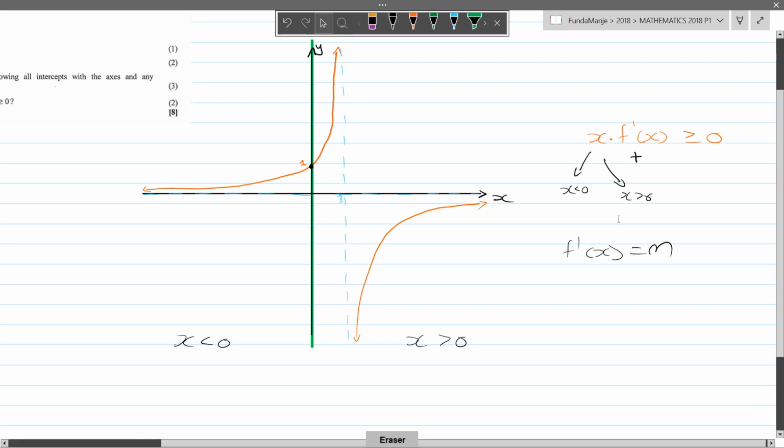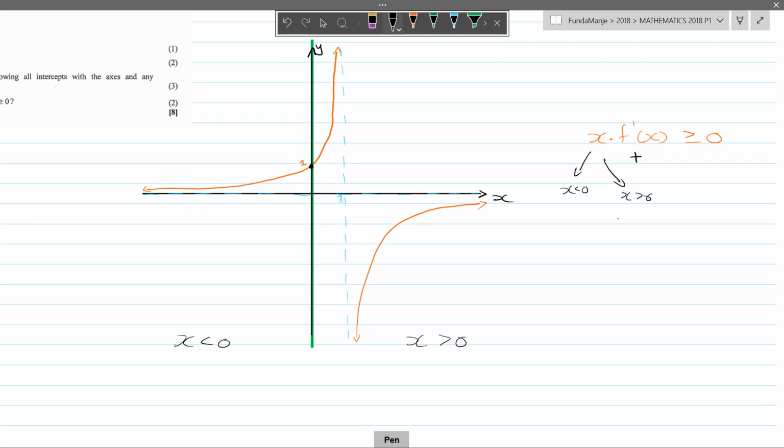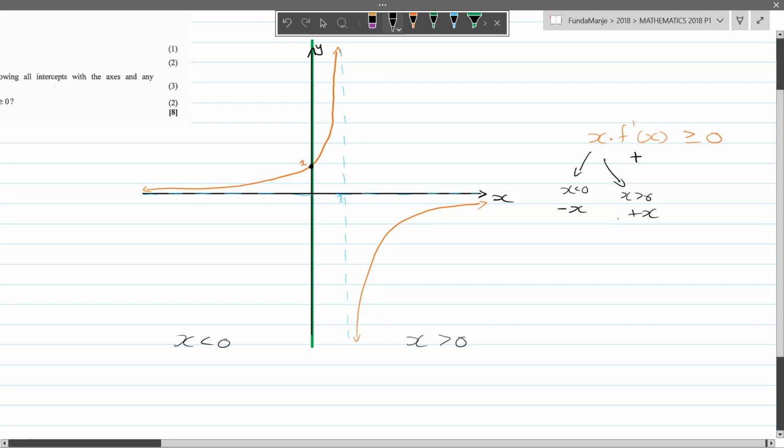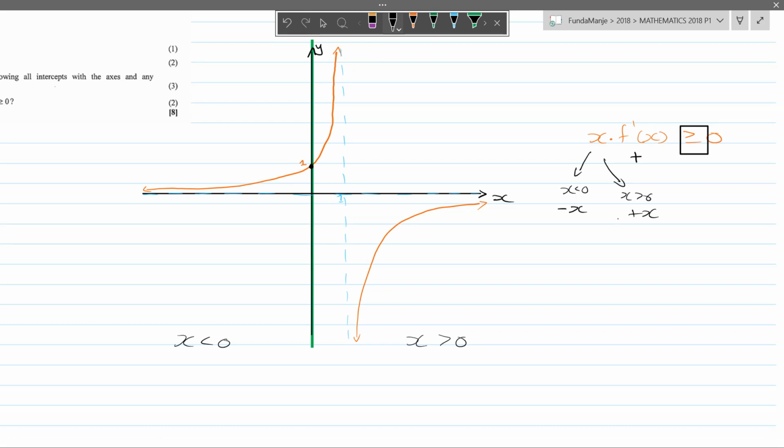And basically we want it to be such that this will be negative x, this will be positive x. For us to meet this condition of multiplying these two and getting greater or equal to 0, we need to either multiply two negatives or we need to multiply two positives. That's the only way we can have them being greater or equal to 0.